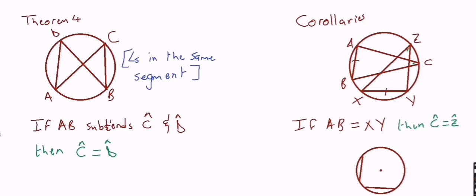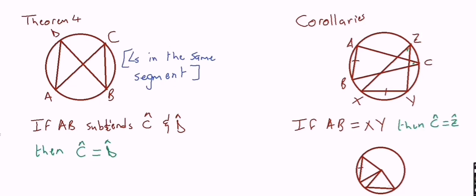Now if I've got these 2 chords, which I will say are equal, subtending angles at the center like this, what does this mean?